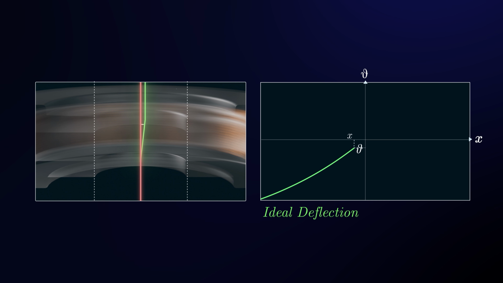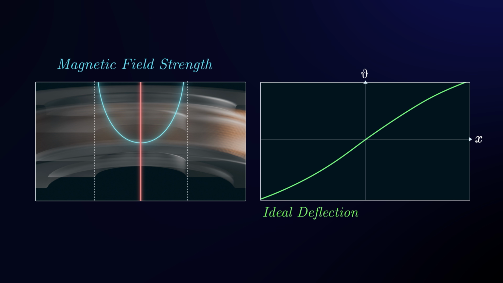If you graph this angle as a function of distance to the optical axis, you'll see that it can be approximated as linear. The problem is that the magnetic field doesn't scale linearly. It's much stronger near the edges of the magnet. So if you plot the curve for the actual deflection of the electrons, you'll see that the magnetic field over-deflects the electrons further out.